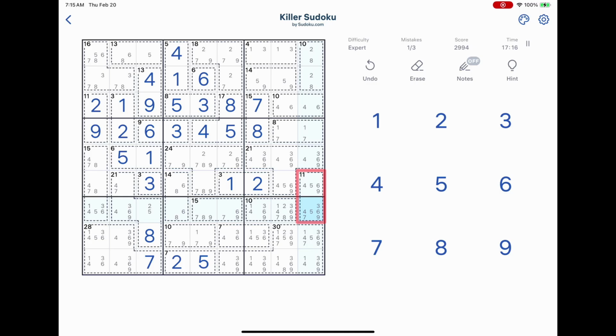Balance the 11 sum in row 6. Balance the 15 sum in row 7. Balance the 10 sum in row 7.